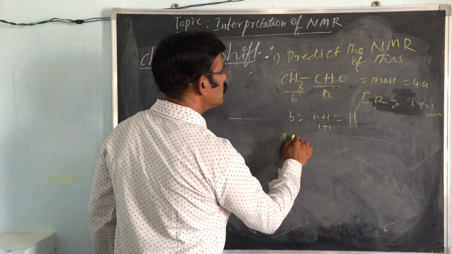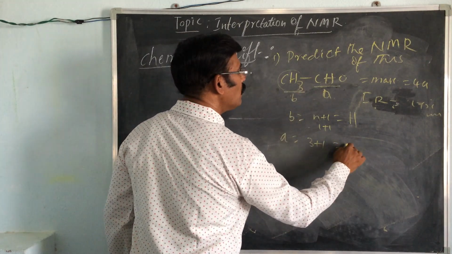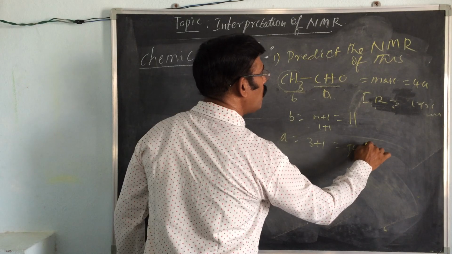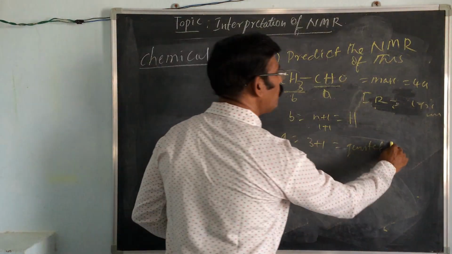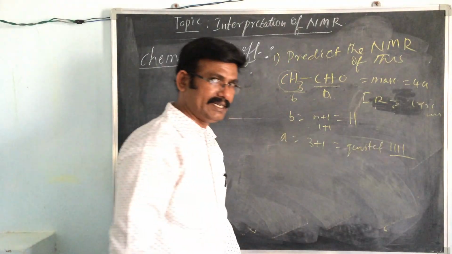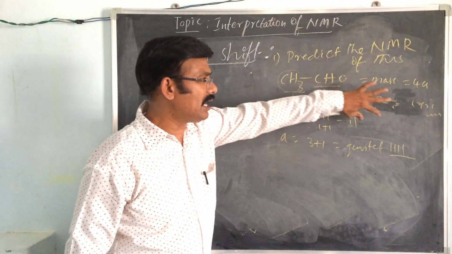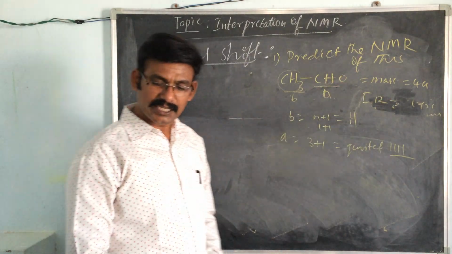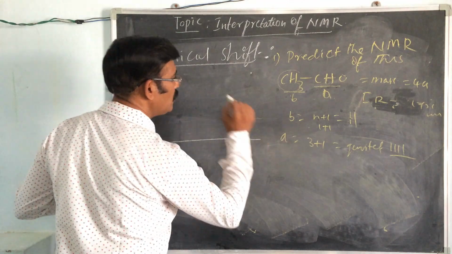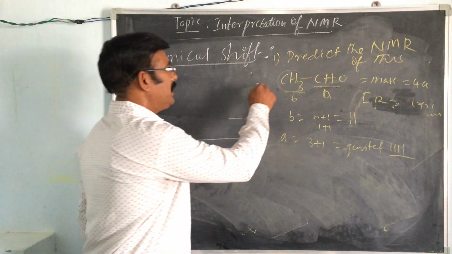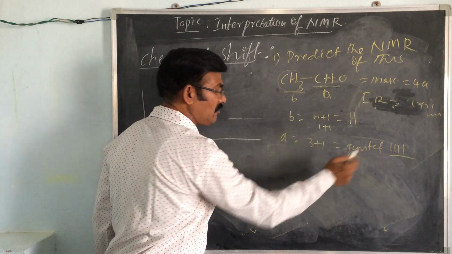And for A, n is 3, so 3 plus 1 means a quartet, which is a multiplet of 4. So one peak is a doublet, another peak is a quartet in the spectrum. Look at the spectrum here: two peaks by nature of environment, and by multiplicity one is a doublet and another is a quartet.